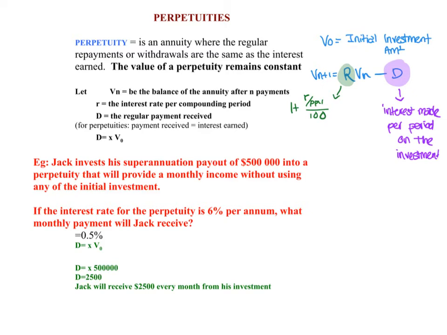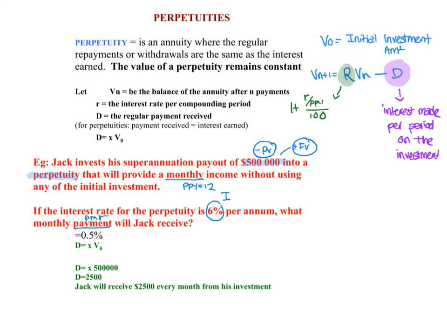All right. Okay, so let's start this. So the interest rate for the perpetuity is 6%. So there's my I per annum. What will the monthly payment be? So here is payment. So down here, I've worked it out manually using the recurrence.